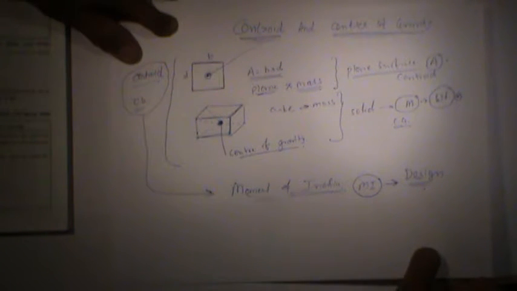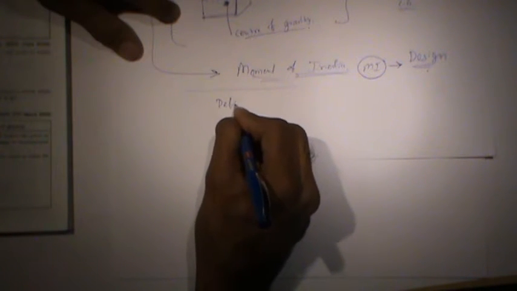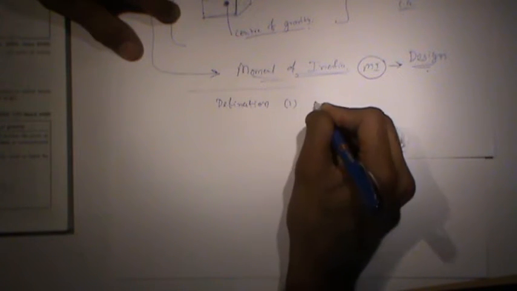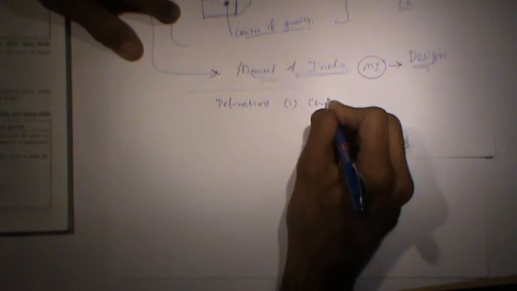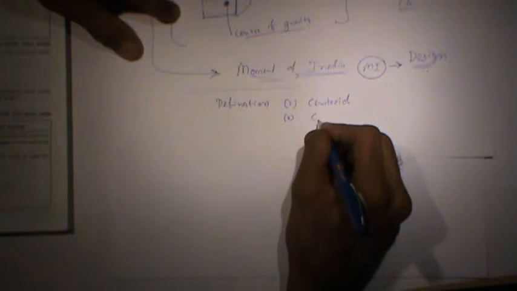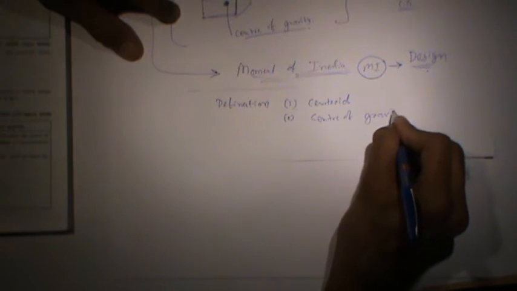So it clears. The assignment for you is the definitions. One, the centroid, and second, the center of gravity.